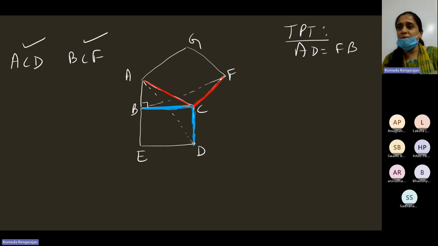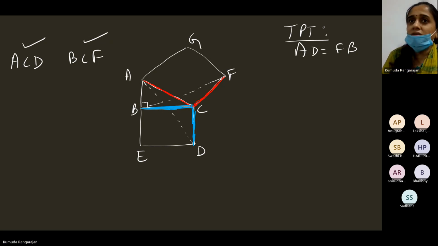So AC will be equal to CF, right? The side of the square. And then there's another square below, right? Which is described on the leg BC, BCDE. So BC is equal to CD, right? Because all the sides of that square are equal. Correct? Yeah.